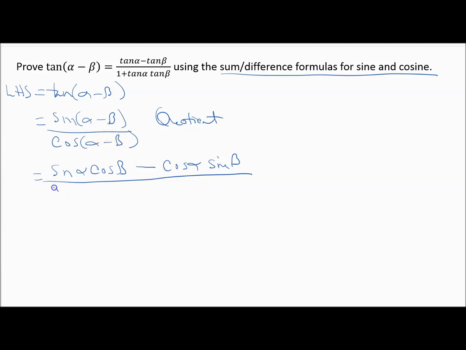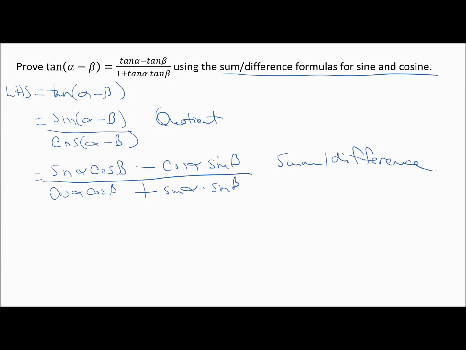So it's going to be cosine of alpha, cosine of beta, plus, because this is a minus, and then I do sine of alpha times the sine of beta. What would I write there? Sum difference formulas. Okay, always have an explanation line for every line that you do of proof.